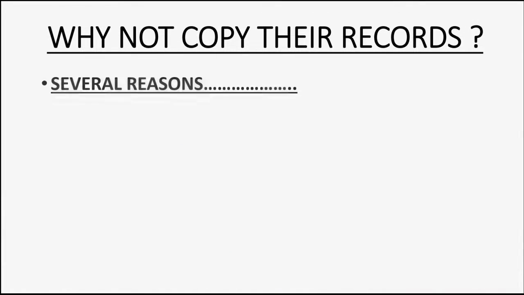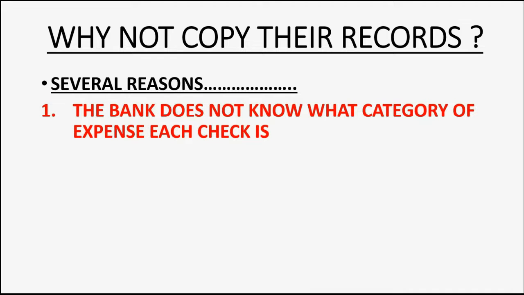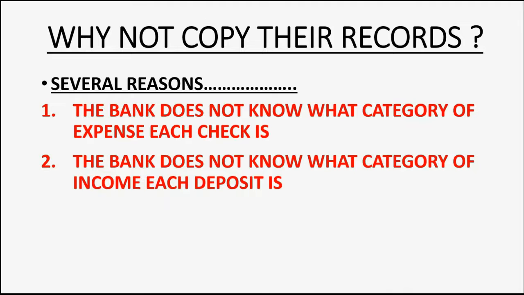Well, there are several reasons why we should not simply blindly and directly copy what the bank recorded. First of all, the bank does not know what category of each expense or check really is. So they cannot tell us what category to record that check in our QuickBooks records. Secondly, the bank does not know what category of income each deposit is.